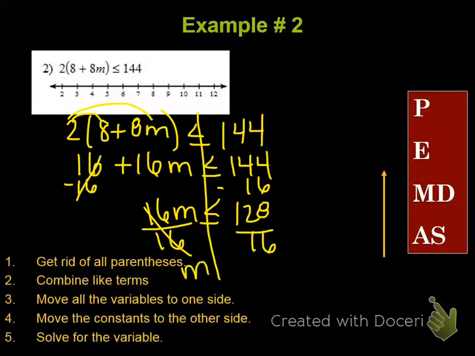So m is less than or equal to 8. Okay, so if I go up to my graph now, I would go to the number 8. It would be a filled in circle on 8 because it can be equal to 8, and now it is less than or equal to 8. So the numbers less than 8 are to the left. So I'm going to shade that and draw an arrow, and there's my solution.